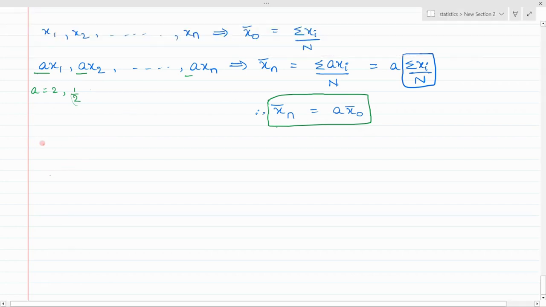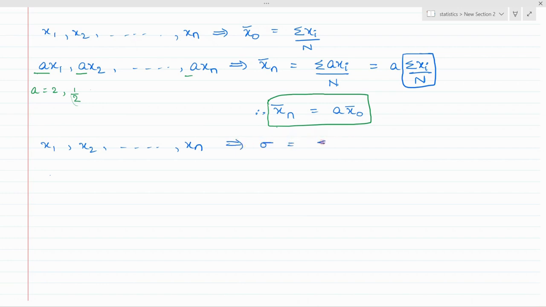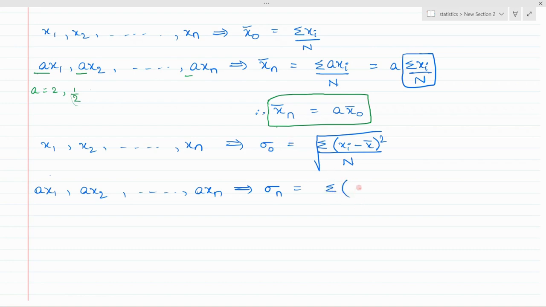So for the original data, that is x1, x2, so on till xn, the standard deviation will be sigma xi minus x bar whole square upon n under root. If you multiply the data with a constant value, then the new standard deviation, this is the original, the new will be sigma a times xi minus, just now we have seen, mean also will be a times the old mean.